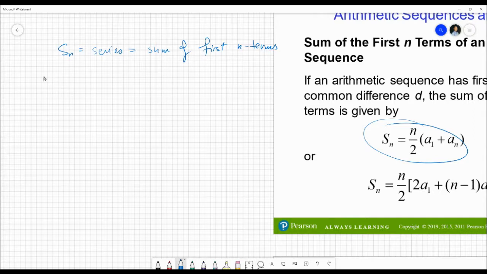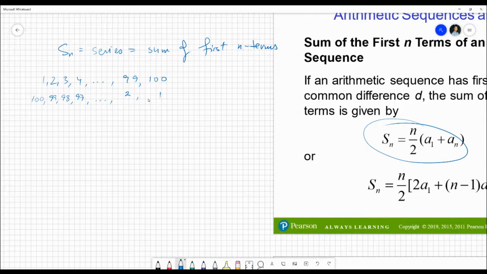So let's say I want to find the sum of the first 100 numbers. Okay, so what we're going to do is write the sequence backward. So I'm going to write 100, 99, 98, 97, down to 2 and 1.